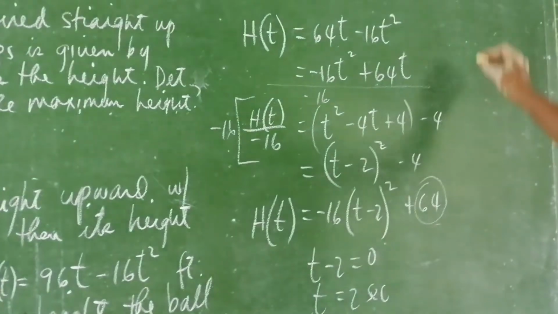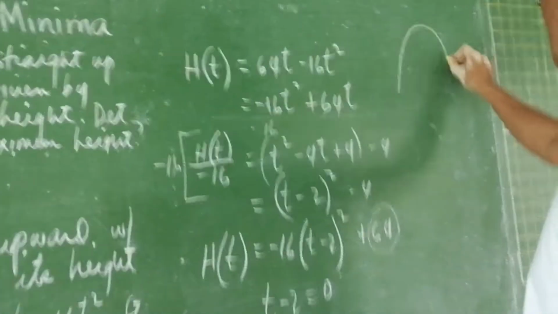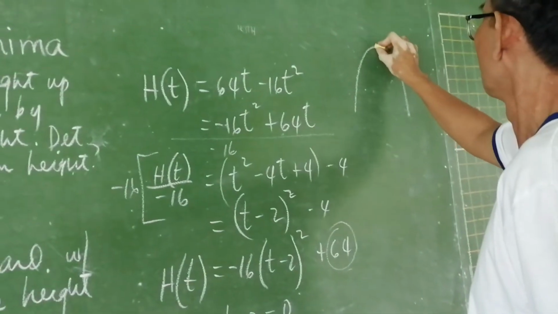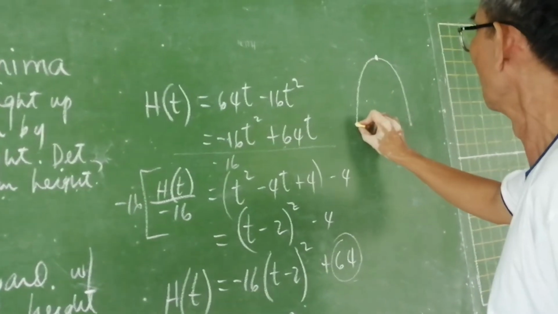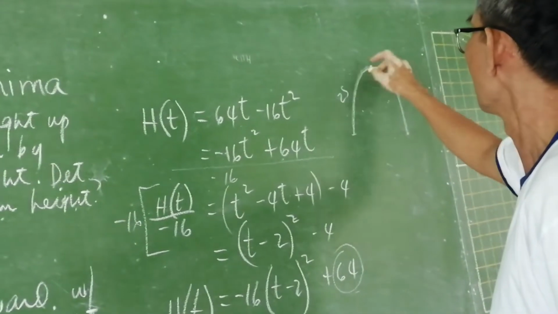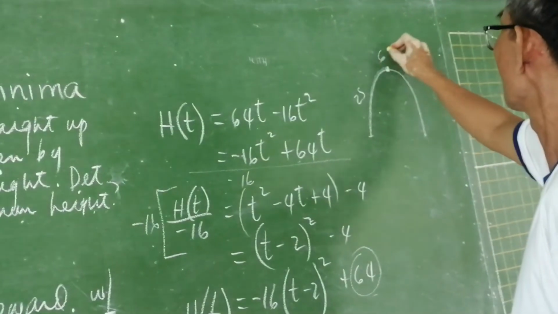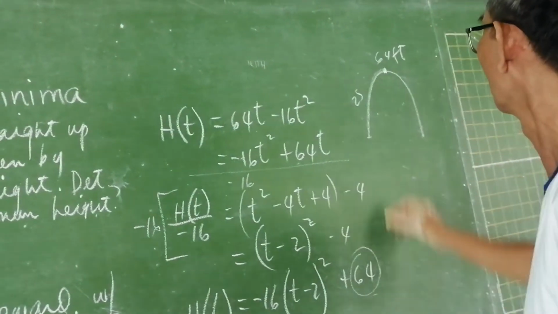So if we just demonstrate, if the ball is fired up here, the ball will have 2 seconds to reach that maximum height, and the maximum height is 64 feet.